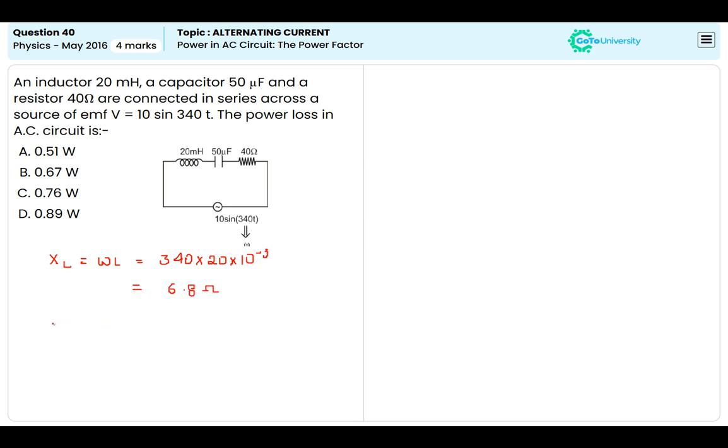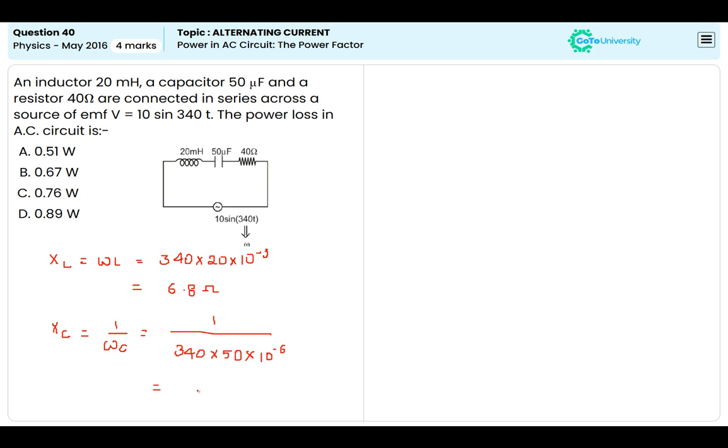Then XC is equal to 1 by omega C, which is equal to 1 divided by 340 into 50 into 10 to the power of minus 6.